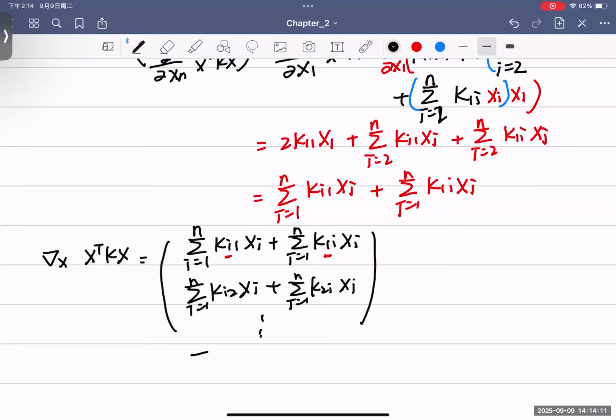The last one is the change the I from 1 to n, kin xi, adding the I from 1 to n, kni xi. Okay. Well, this is our nabla over the x, so it's given as this format.